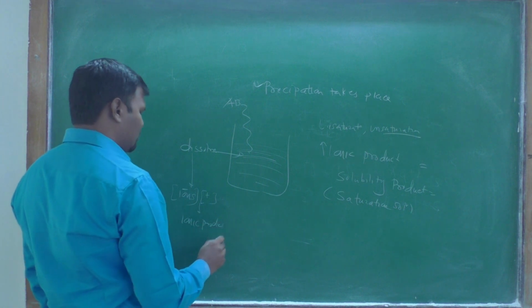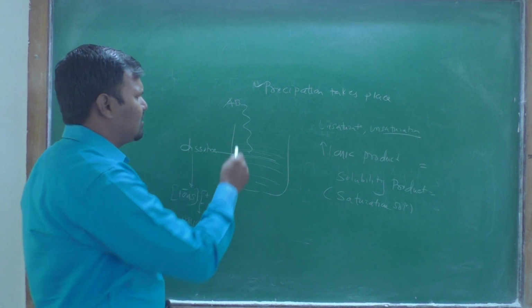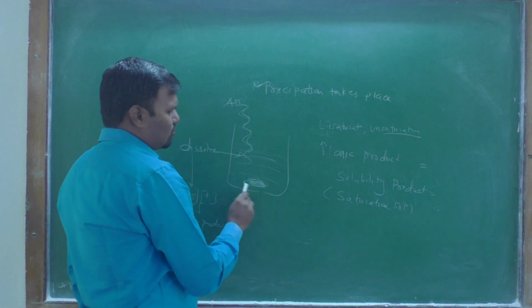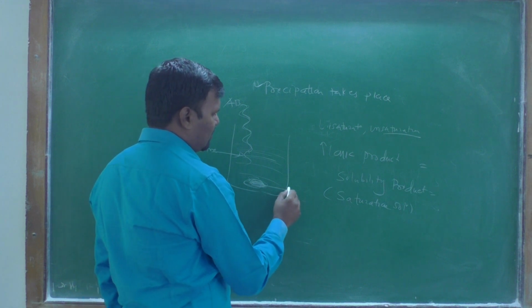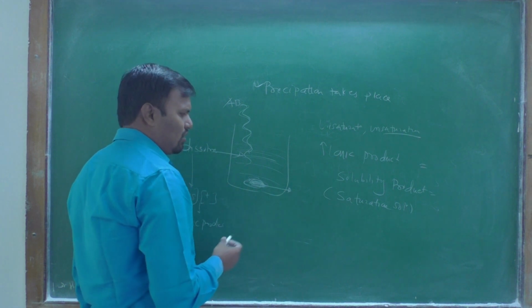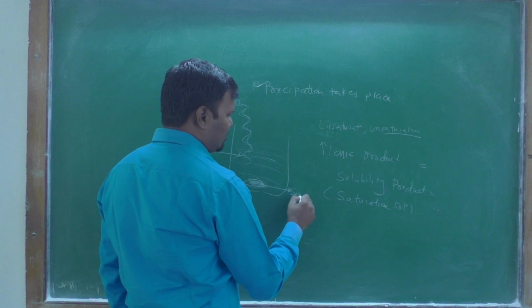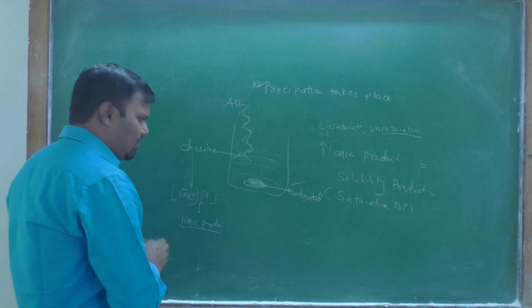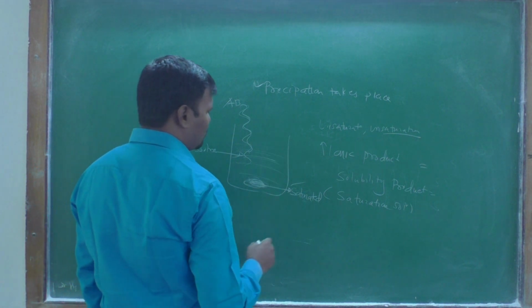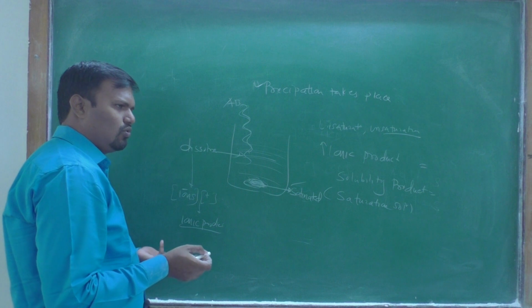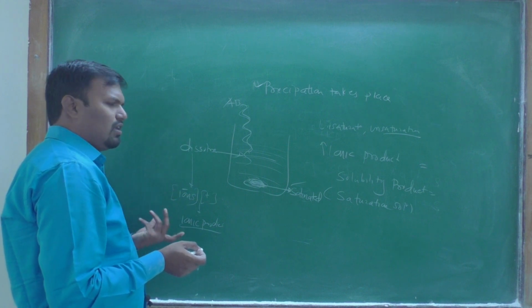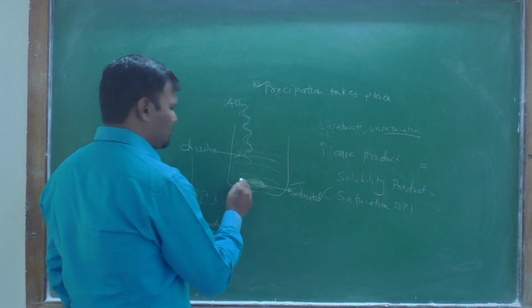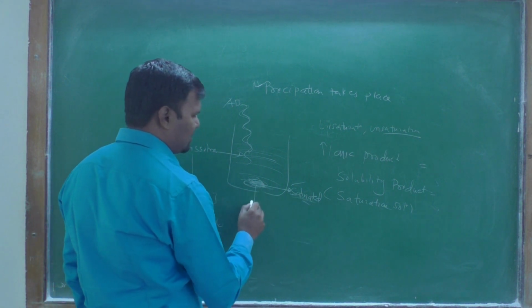As you add more, at a particular level further addition of salt does not dissolve, therefore that point is called the saturated point. On further addition, no separation of ions takes place, only solid substance remains. That is saturated.